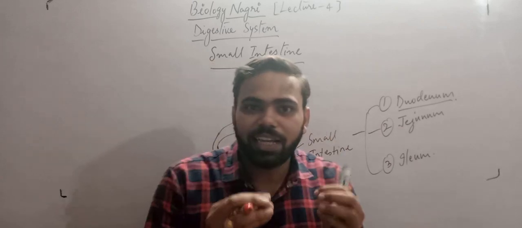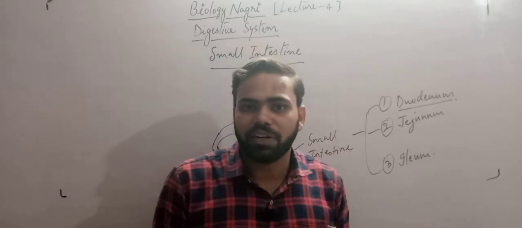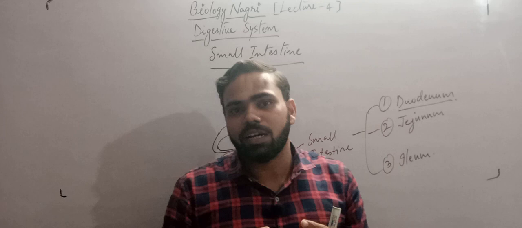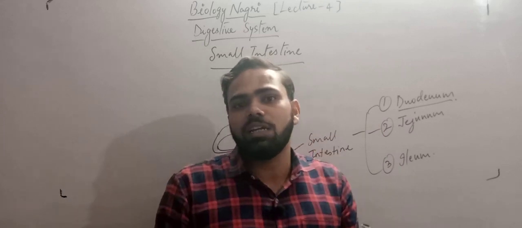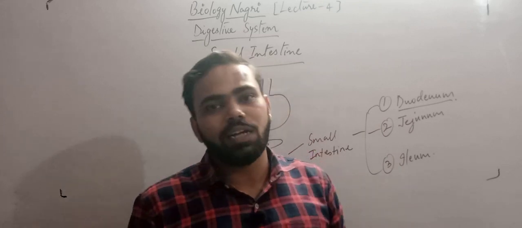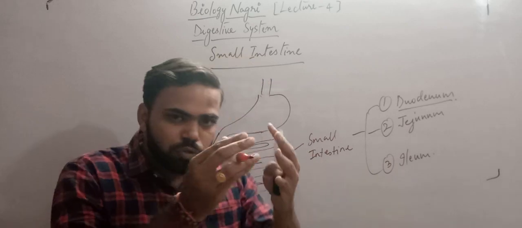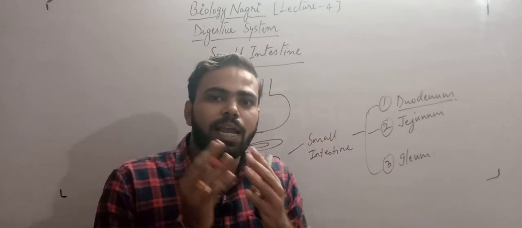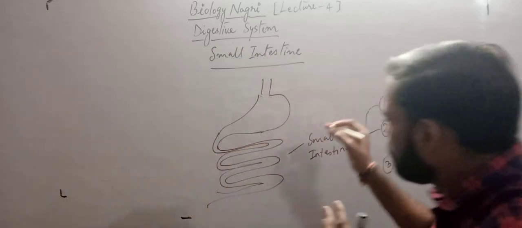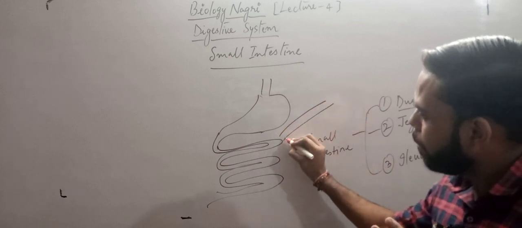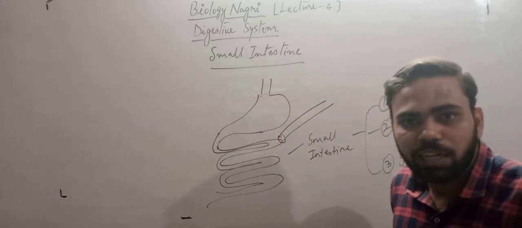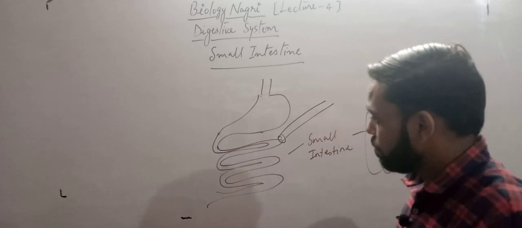The pancreas sends pancreatic juice through the pancreatic duct, and the common bile duct carries bilirubin, or we can say combinedly the bile juice. So these 2 ducts, the common bile duct and the pancreatic duct, open into the duodenum, the first part of the small intestine.